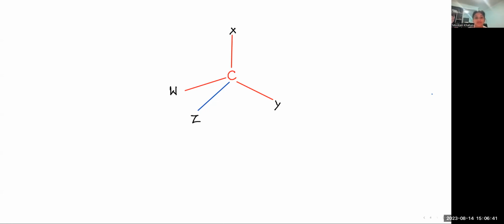I'll use a pink color here. This part of the chiral is what we're going to call the solid line.